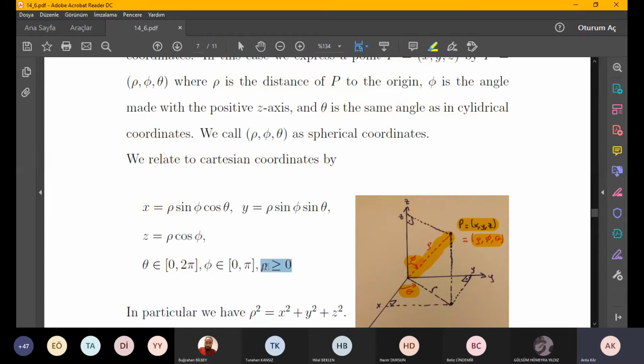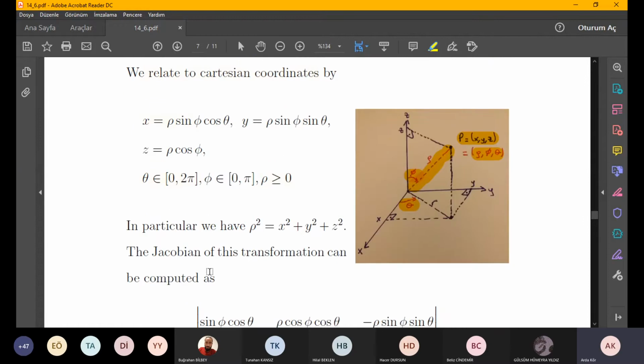It is similar to what we have for cylindrical coordinates and polar coordinates for r, which was the distance again between the point and the origin. So here it is represented by rho, so rho square equals x square plus y square plus z square.